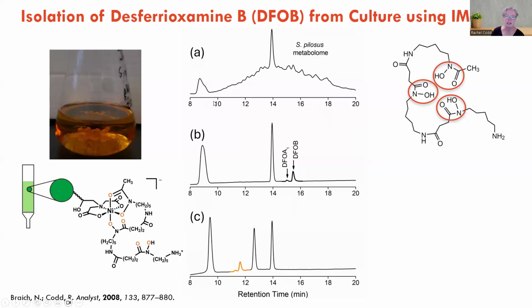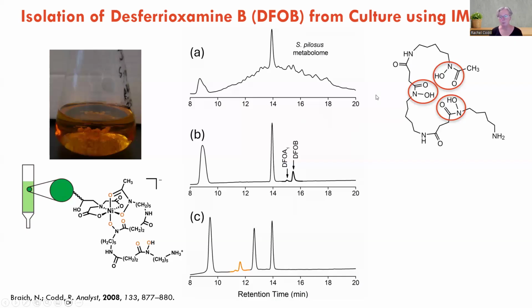So in the upper trace in A, this shows the entire, well, certainly the soluble metabolome. So all of the metabolites that are present in that bacterial supernatant. So this is going to include natural products that have been biosynthesized by the bacterium, in addition to salts and other components in the culture medium.